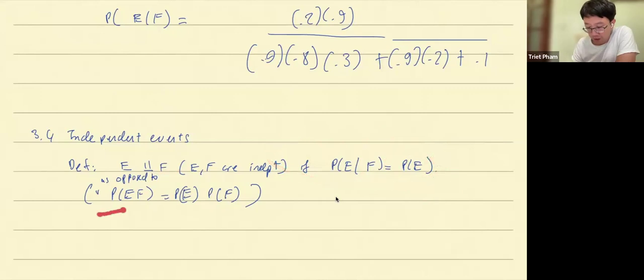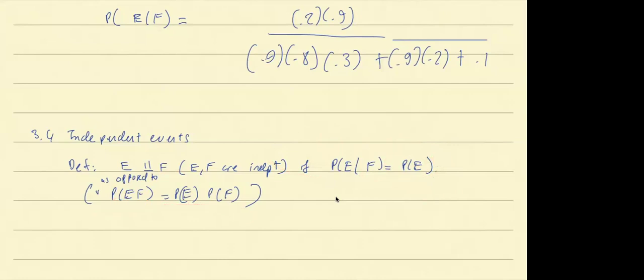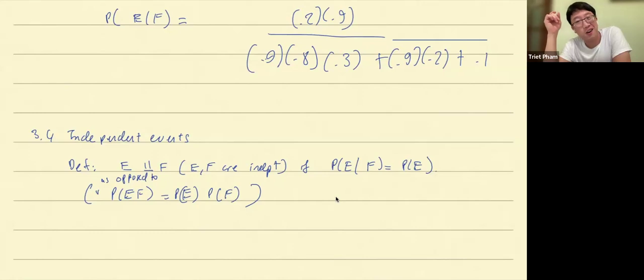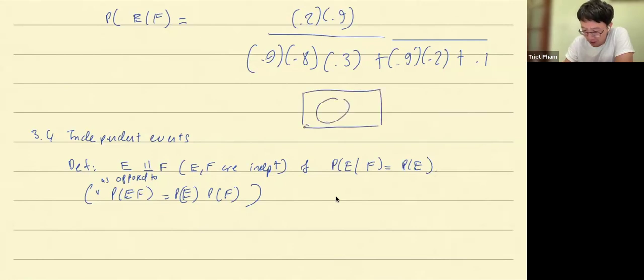I don't know how to interpret this. What does it mean to say that probability of, yeah, go ahead. I was gonna say, is it possible to draw this on a Venn diagram, that idea of independence? No, that's exactly it. I don't see how to draw it on a Venn diagram because a Venn diagram, I think, is more conducive to sum and subtraction.